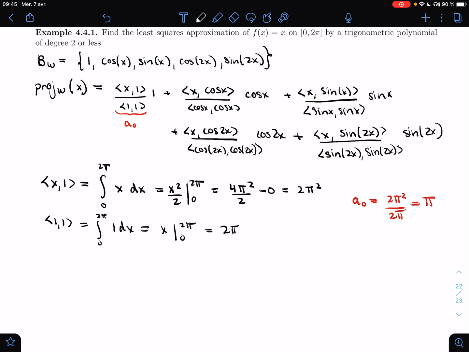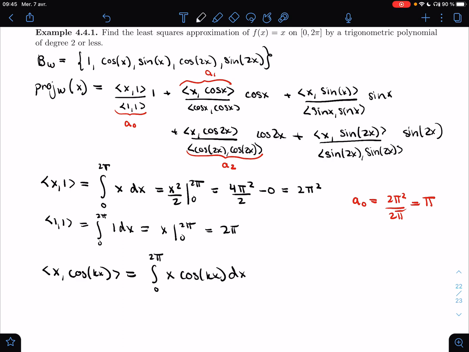All right, I'm going to look at the two coefficients here and compute them at the same time. So I want x cosine kx. That's the integral from 0 to 2 pi of x cosine kx.